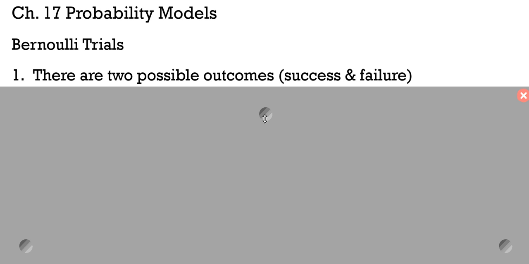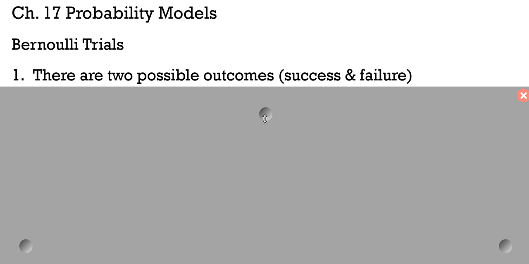There are two possible outcomes: success or failure. Be careful, this is the terminology that the book uses: success and failure. But it's more that we get what we're looking for, success, or we don't, which is the failure.